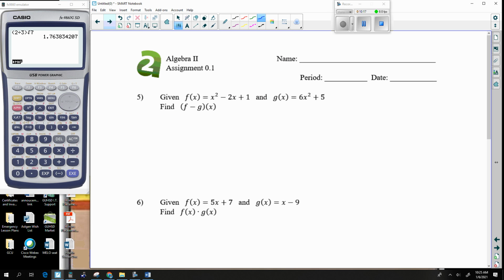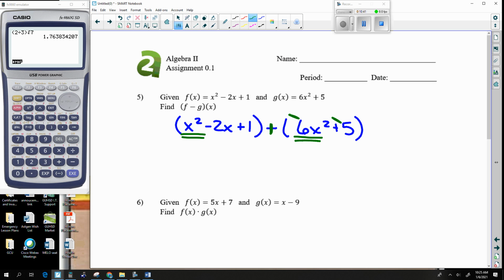Okay, again, we have a minus. So this is going to be f of x minus g of x. All right, so this will be a -6 and a -5. So think of those as being like minuses. And so the first order of business is x squareds with x squareds.